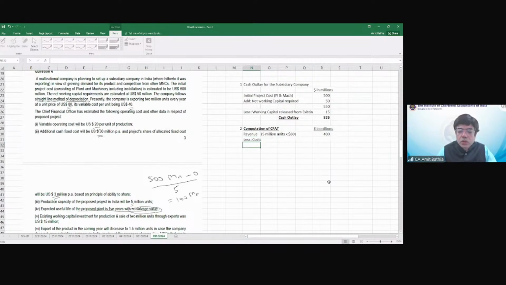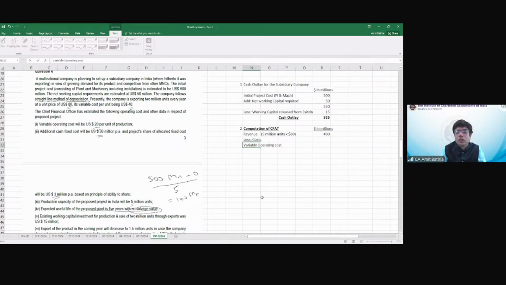Now what is going to be my variable cost? When I am manufacturing in the US, my variable cost is $40 per unit. But when I am manufacturing in India, the estimated variable operating cost will be $20.